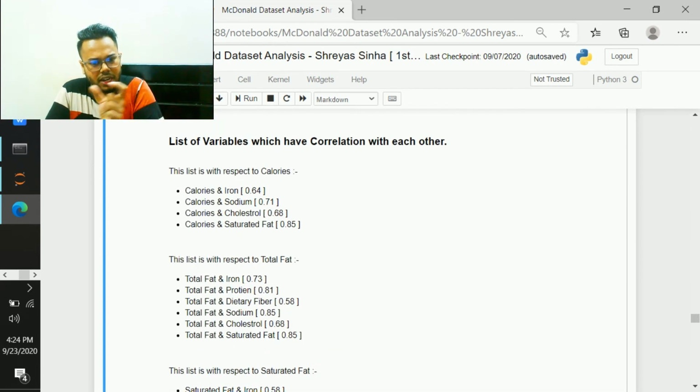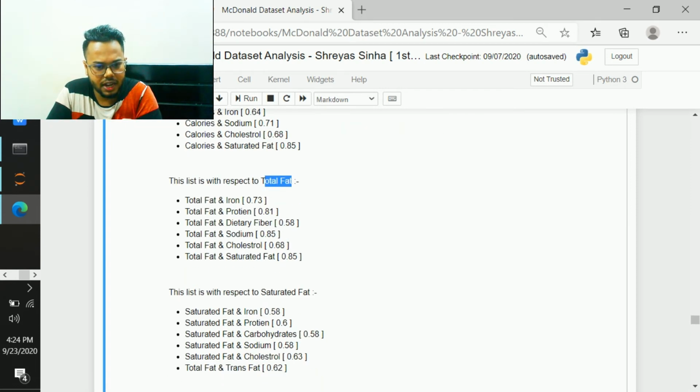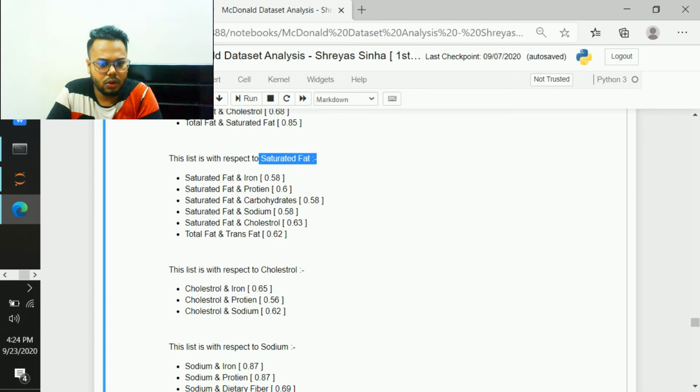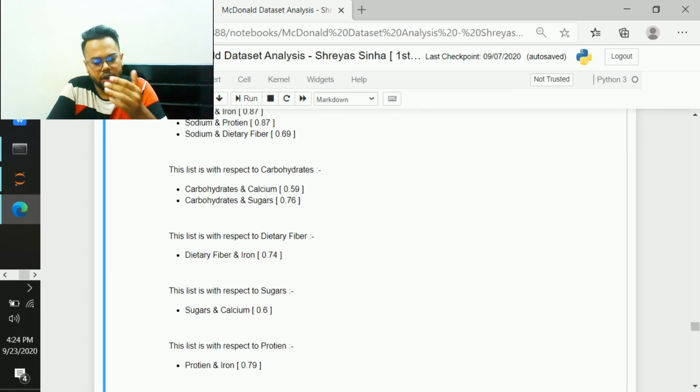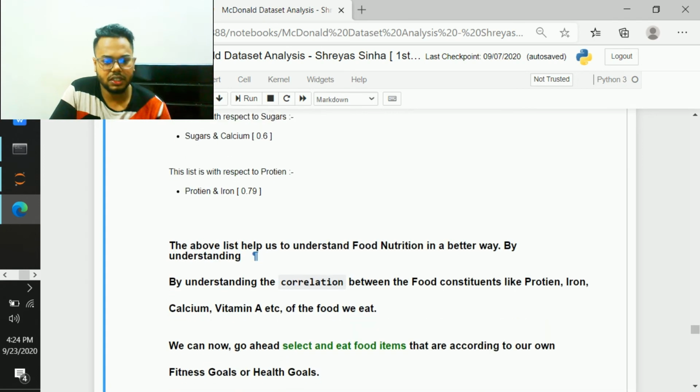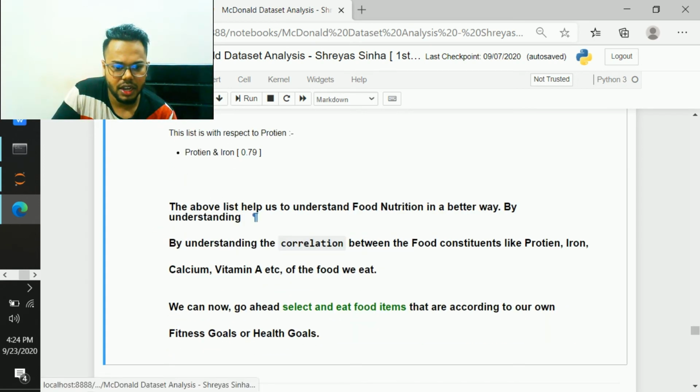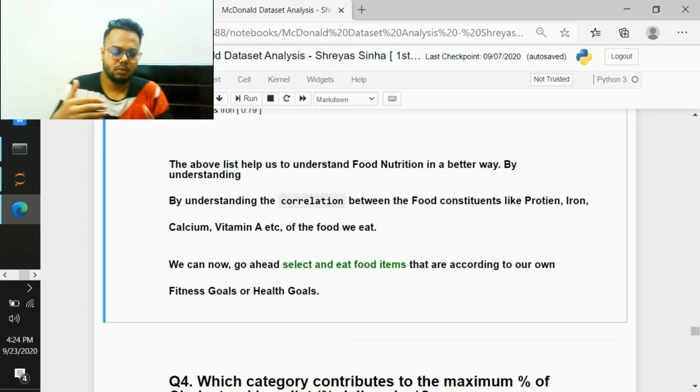So with respect to calories, total fat, saturated fat, cholesterol, every single particular column, the correlation and the percentage have been mentioned above, right? And one of the important things that I've written right here is, the above list helps us understand food nutrition in a better way.